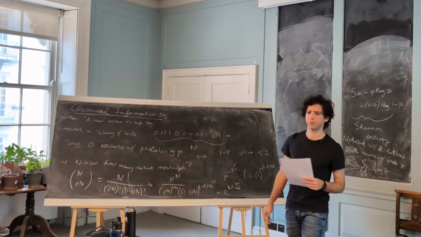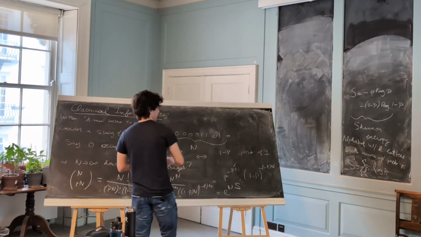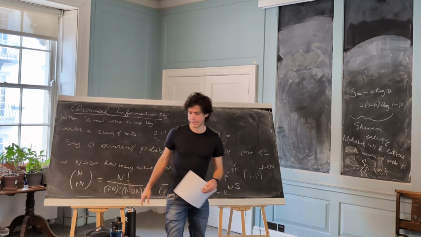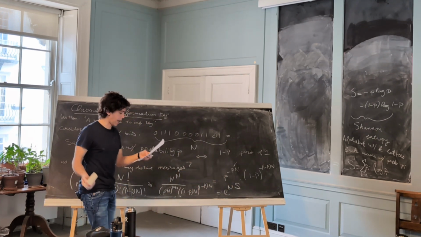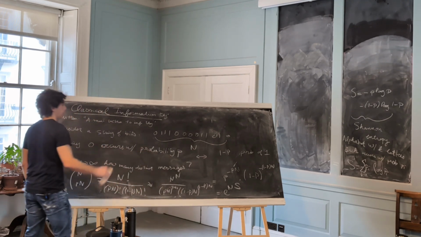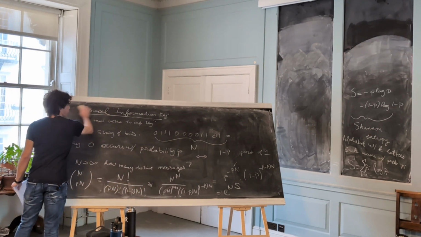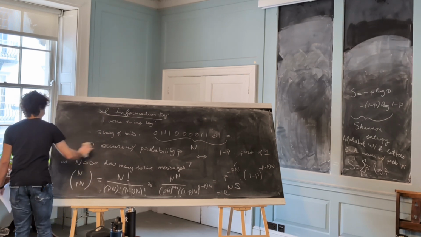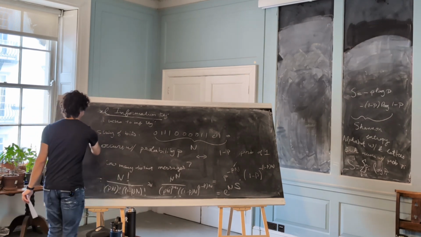You've seen this expression before for the Shannon entropy. It's just a little reminder of what this is. Can anybody tell me, for an alphabet with k letters, what is the maximum possible Shannon entropy?